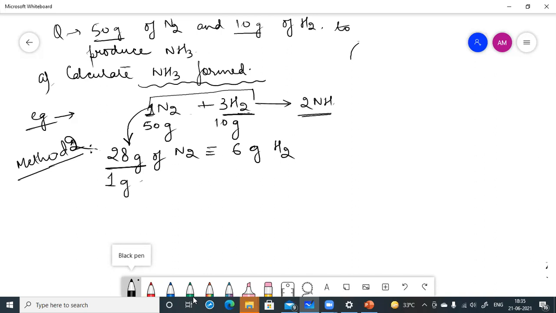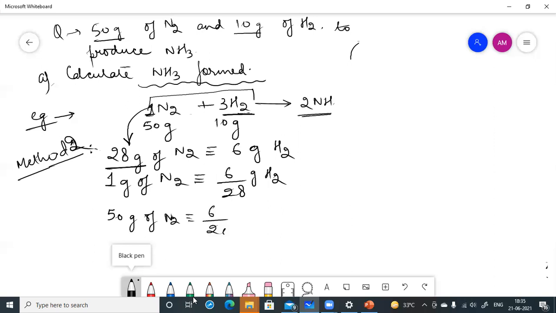So 1 gram of nitrogen, using unitary method again, will require 6 by 28 grams of hydrogen. And 50 grams of nitrogen will require 6 by 28 into 50. If you calculate this, then you will get 10.7.